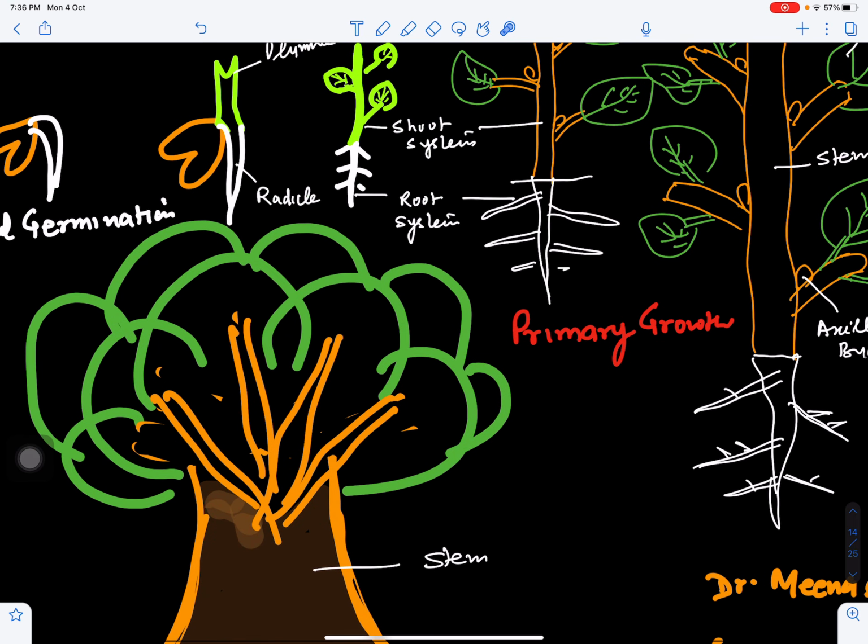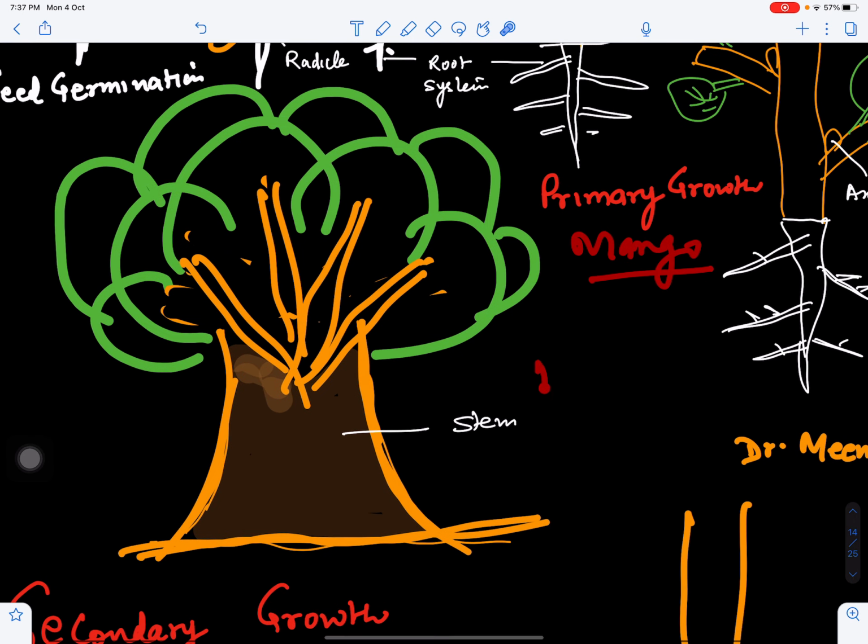So we can see this plant may turn into, if we talk about mango, that is also a dicot plant, a tree. And if we see the tree, it has a stem or trunk which is more in diameter, and this is its broadened canopy, which is again supported by branches which are more in diameter.